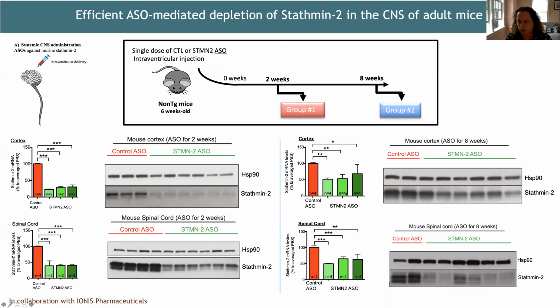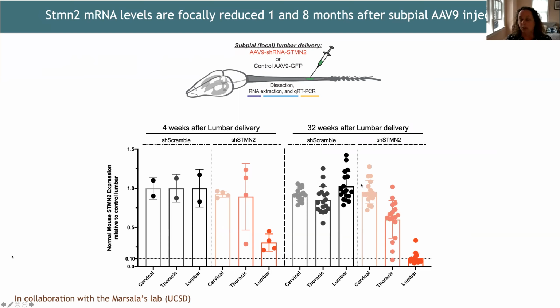And you can see that 4 weeks after lumbar delivery, we see a reduction of statin 2 in the lumbar region, but not in the cervical region, compared to the mice with a scrambled shRNA. When we look at 32 weeks, it's clearly a sustained depletion with a clear knockdown of statin 2 in the lumbar region, with a partial diffusion to the thoracic region, but with preservation of the level of statin 2 in the cervical region.